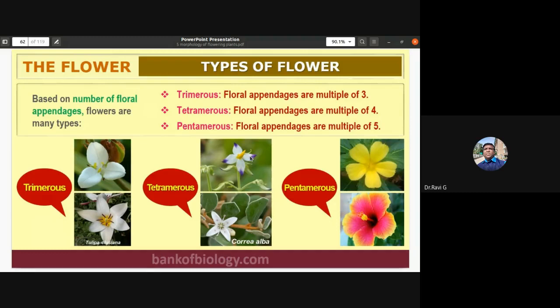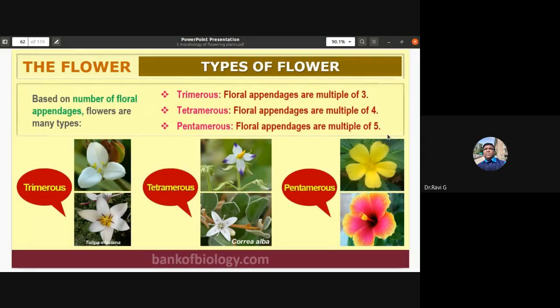So this sort of flower where the floral appendages are in fours or in multiples of four, we call tetramerous flowers.